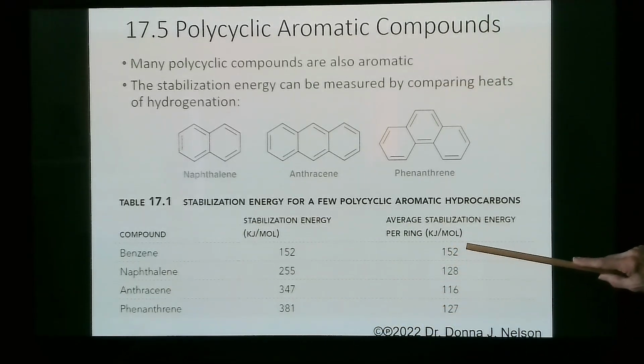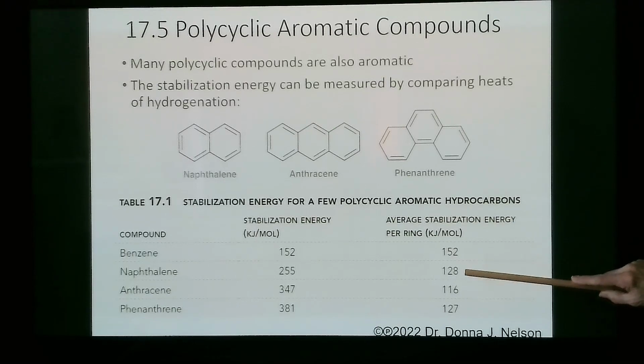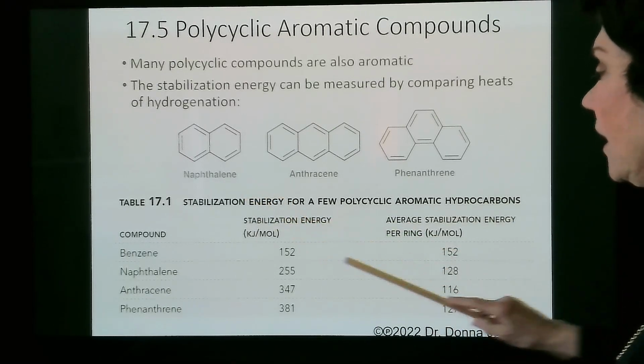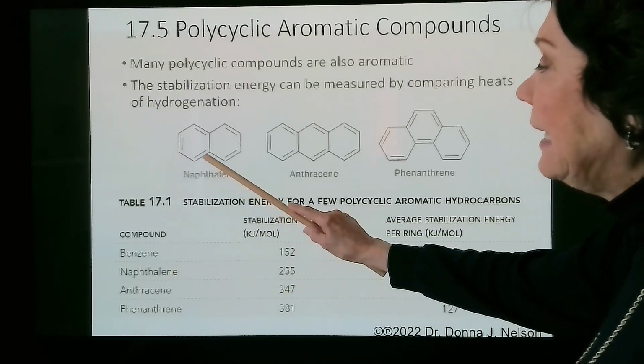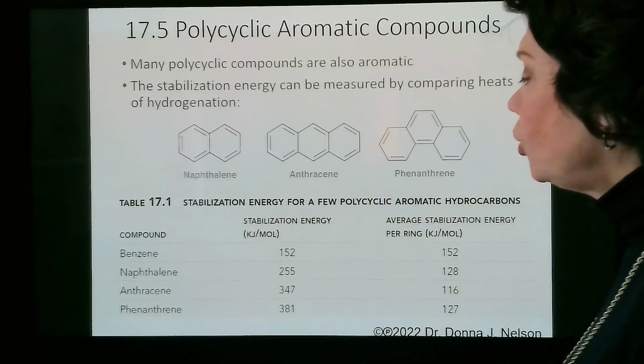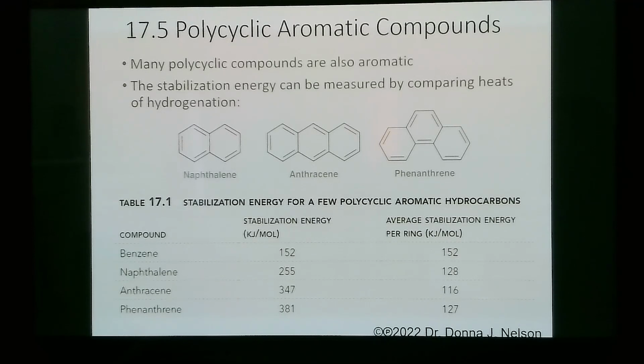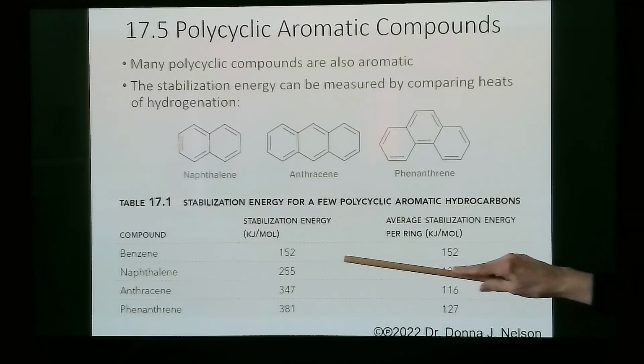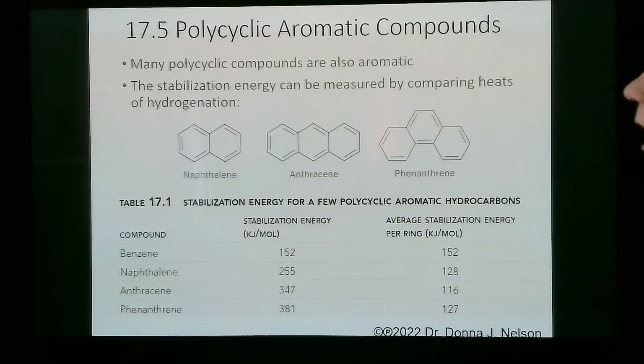You can see the stabilization energy here is quite high. The stabilization energy per ring, because benzene has 1 ring, naphthalene has 2, anthracene and phenanthrene each have 3, and so this is the stabilization energy per ring. This is the stabilization energy of the entire molecule.